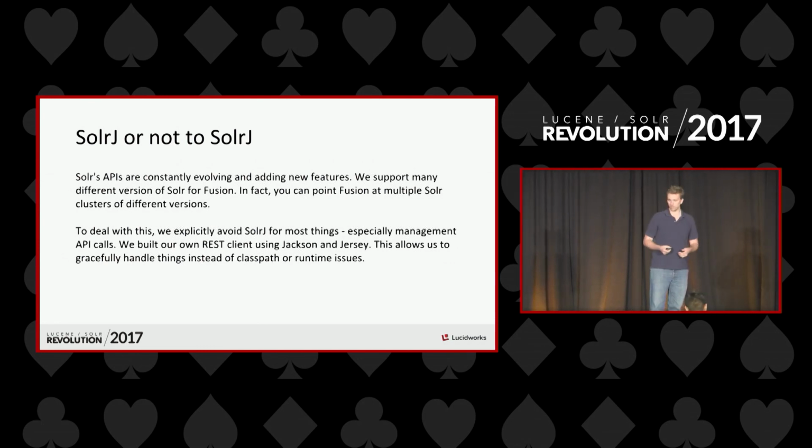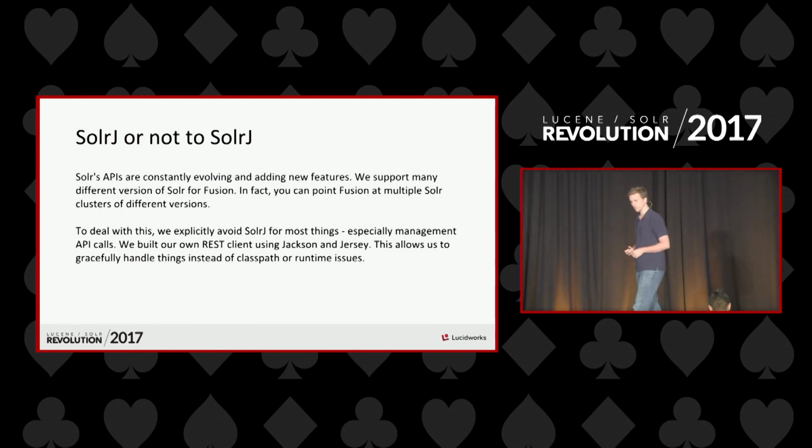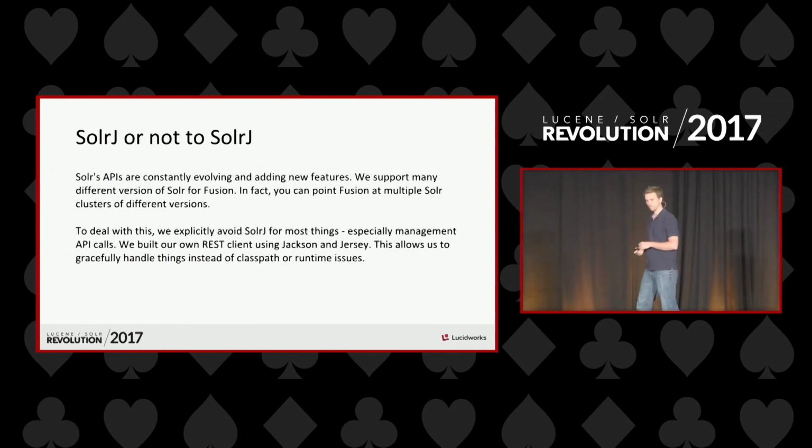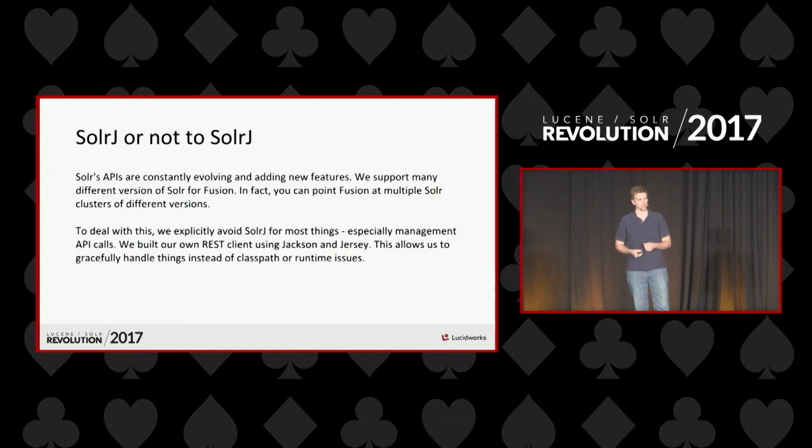We built our own REST client to talk to Solr so we could embed all that conditional logic for dealing with different versions of Solr in our client, rather than having to manage multiple versions of SolrJ, which would be pretty difficult.